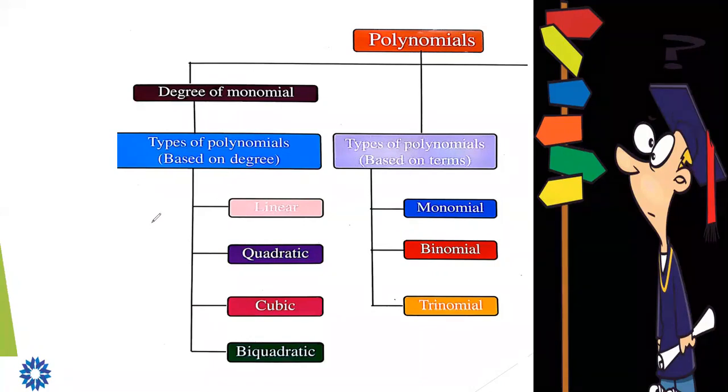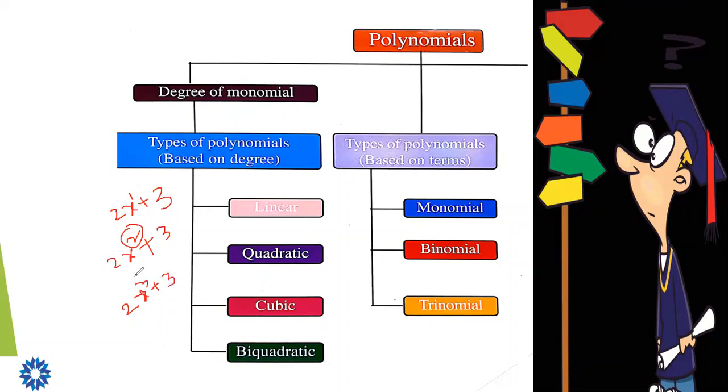If the degree is 1, for example 2x power 1 plus 3, it is a linear polynomial. For example, 2x square plus 3. Here the power is 2, that means the degree is 2, that's why it is a quadratic polynomial. 2x cube plus 3.